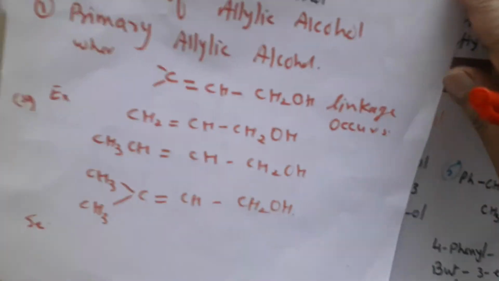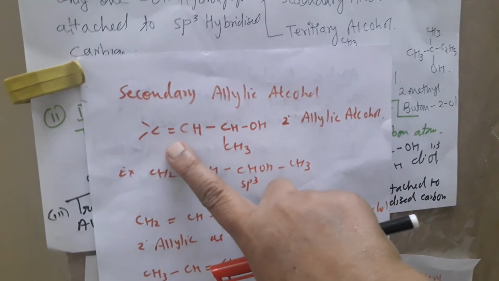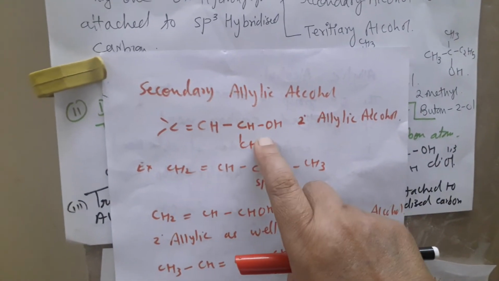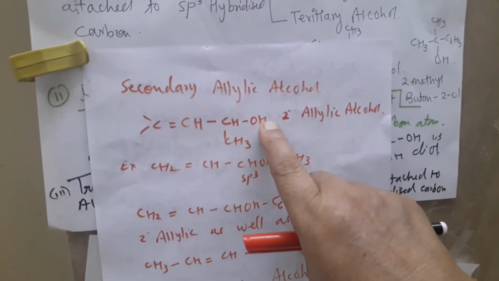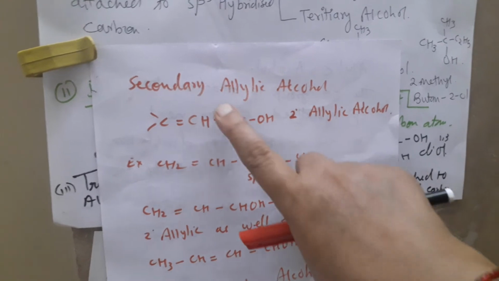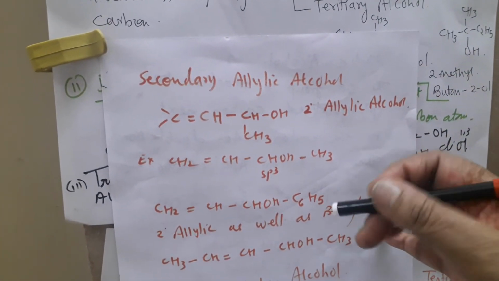Clear to you? So you know about primary allylic alcohol, and now we will call it secondary. Secondary alcoholic group: see, C=CH. Earlier we were writing CH2OH, now I have written CHOH, meaning secondary alcohol. So this we will call secondary allylic alcohol, and there is CH3.